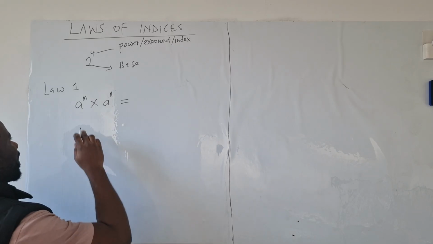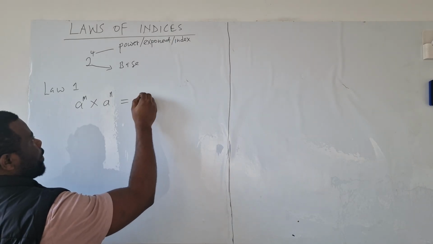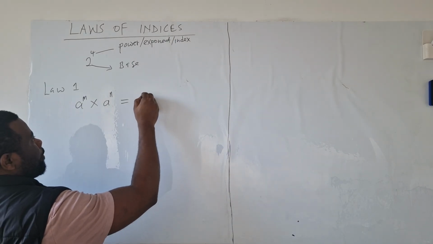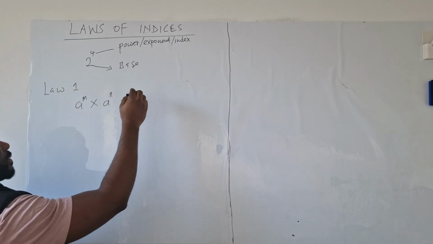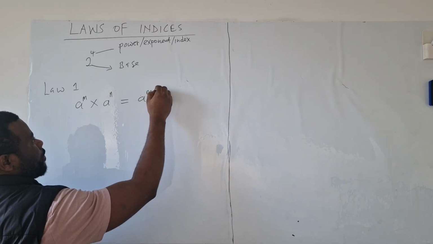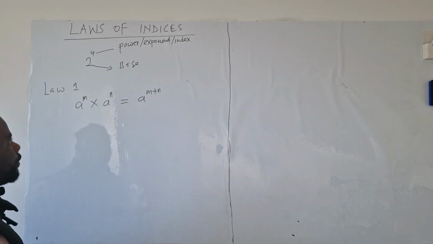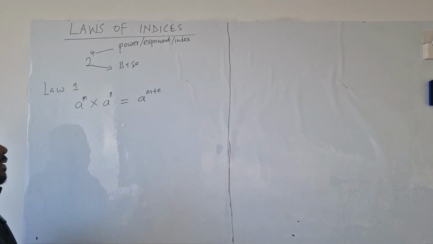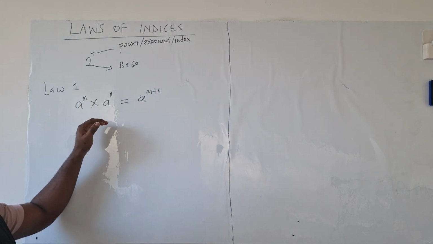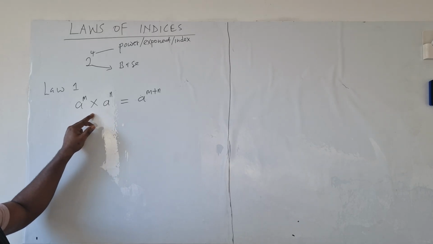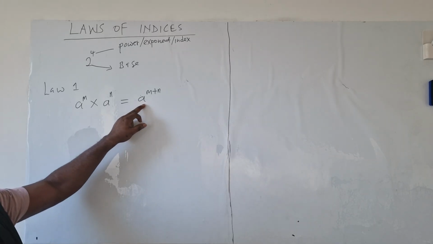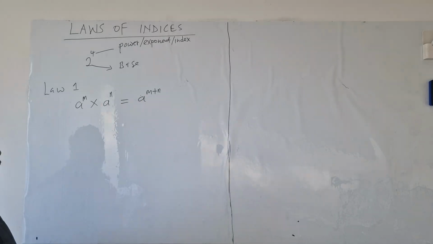Then the law says that we can take one of the base a and then we add the powers as m plus n. That's the first law, law 1. Two index numbers multiplying each other with a common base: take one of the base and then we add the powers.